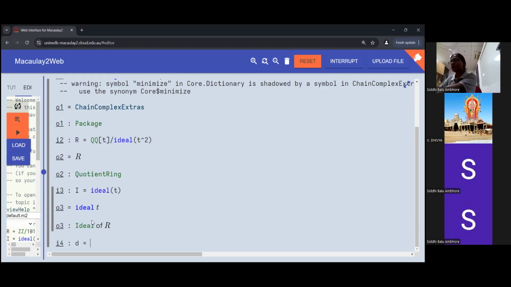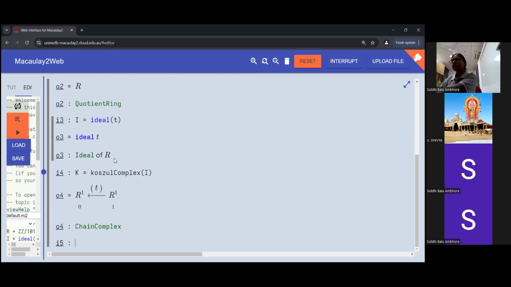So let K be the Koszul complex of this ideal I. It is showing me this. It is just one element. Even in our Koszul complex, the way it is defined, it is just one element: R going to R by multiplication by that f_i. That was my Koszul complex, and that's what is given here in Macaulay2 as well.